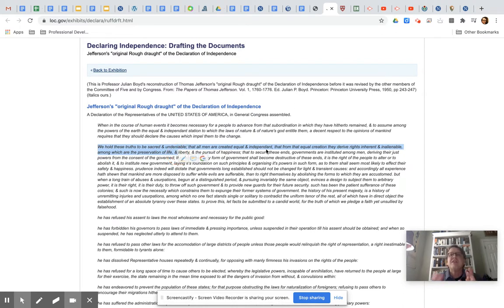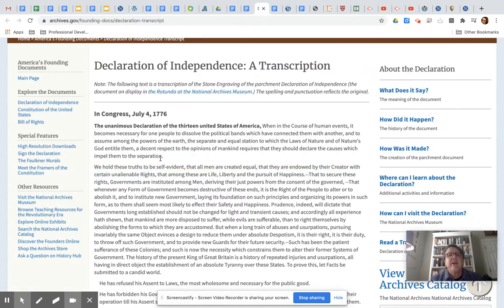So you can see that there are some distinct differences. Jefferson originally wrote that the rights were sacred and undeniable, but Franklin or Adams suggested the perhaps more straightforward, self-evident.